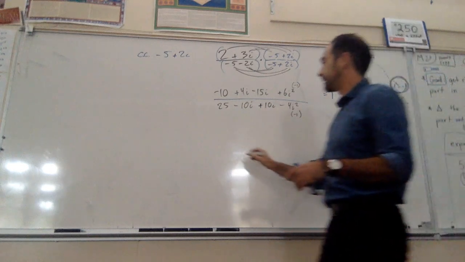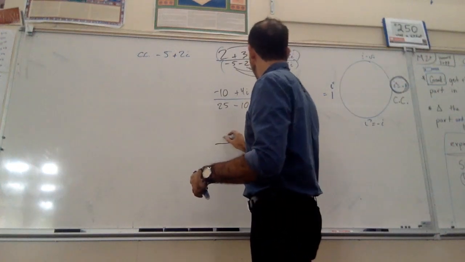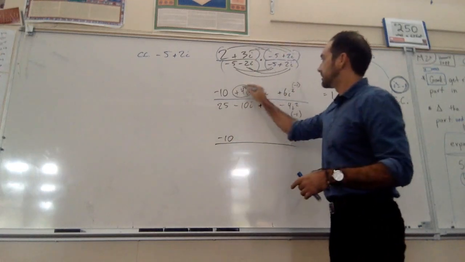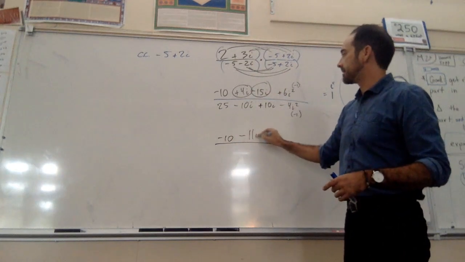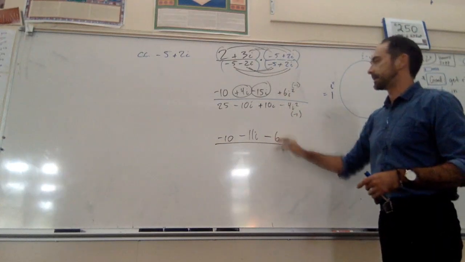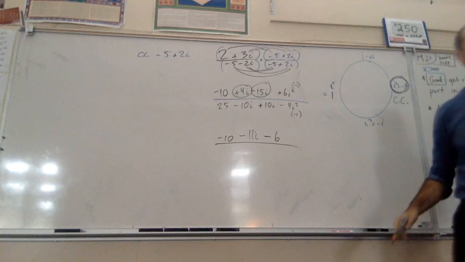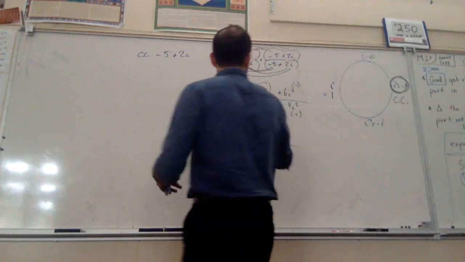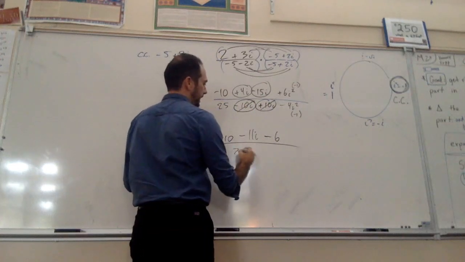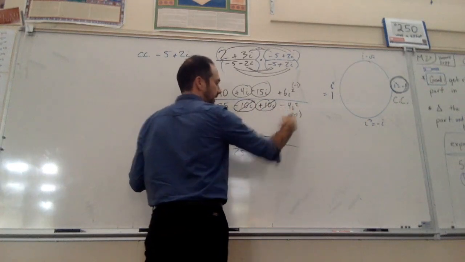All right, let's put it all together. I'm just going to rewrite some of this. These 2 combined, negative 11i. 6 times negative 1, minus 6. We'll combine them in the next one. Here, what happens to these guys? The 25, minus 4 times minus 1.